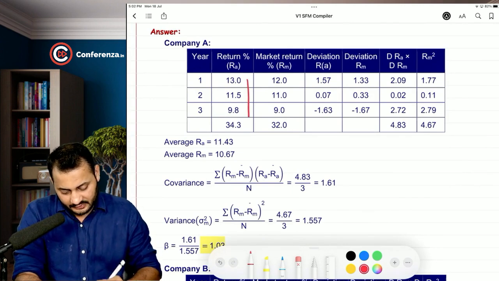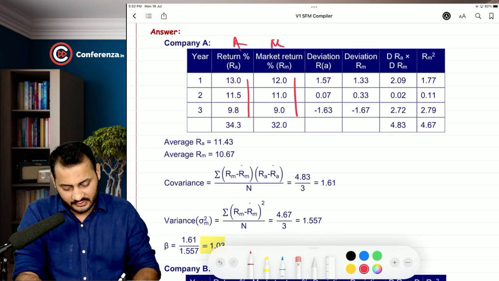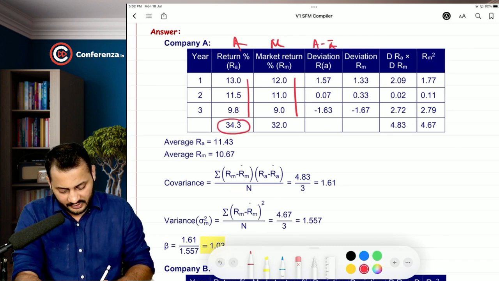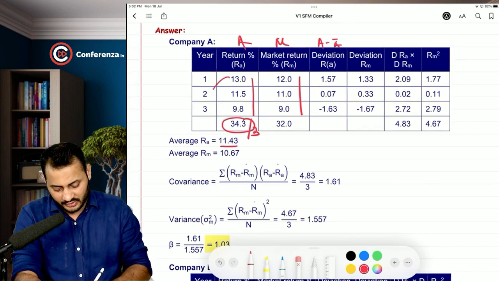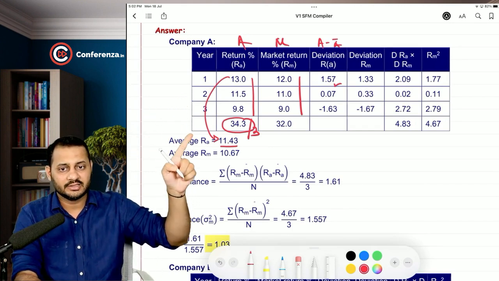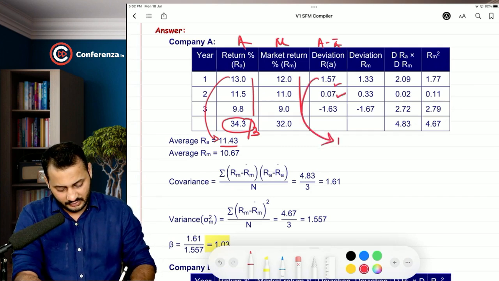So these are the returns, these are the market's returns, A and M. This is the deviation of A minus bar A. See, 34.3 is the total, divided by 3 will give you 11.43. So 13 minus 11.43 is 1.57 deviation. 11.5 minus 11.43 will give you 0.07. 13 minus 11.43. 11.5 minus 11.43.